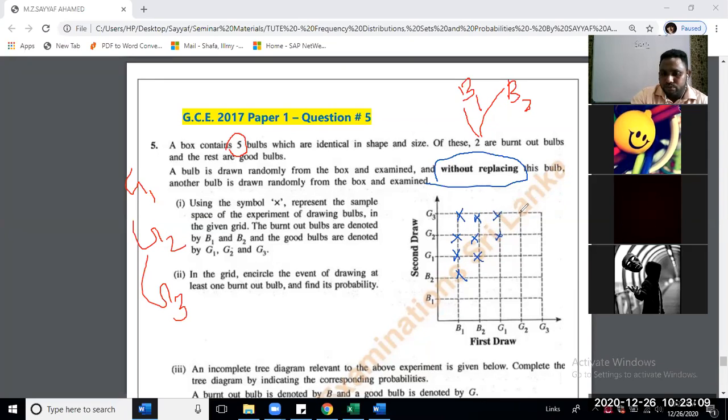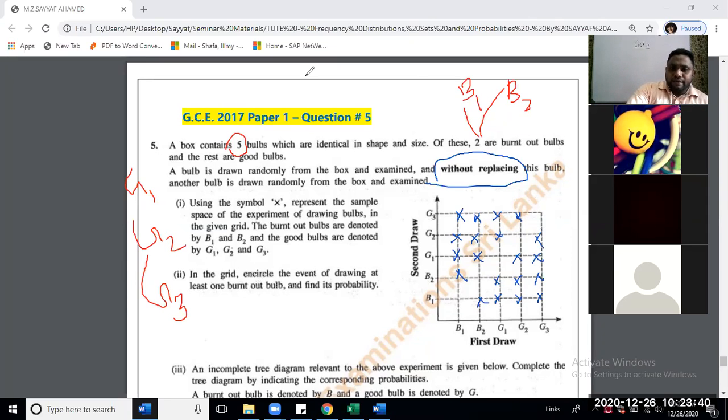Make sure this corner is left out. So 5 into 5 is 25, but 5 we have not marked. So the total number of chances is 20.